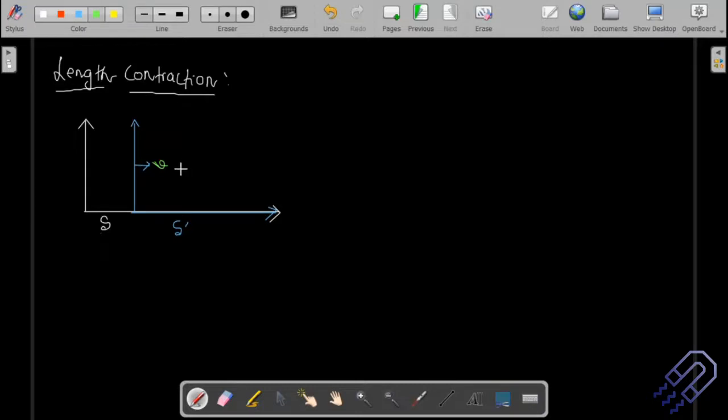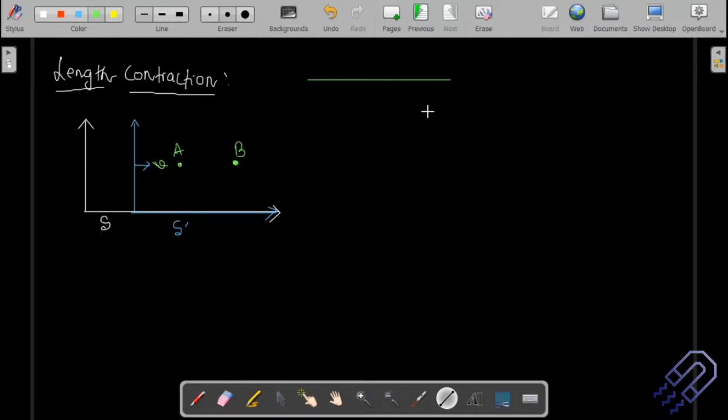Now I want to measure the distance between 2 points, let's say A and B. So I'm measuring the distance between the 2 points. As soon as you hear the word length, we have this concept that maybe we are talking about the measurement of the length of a scale, or the length of a cylinder, or of a box or something like that.